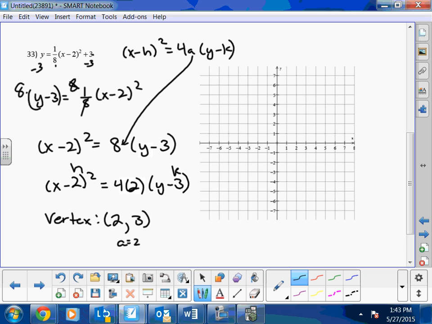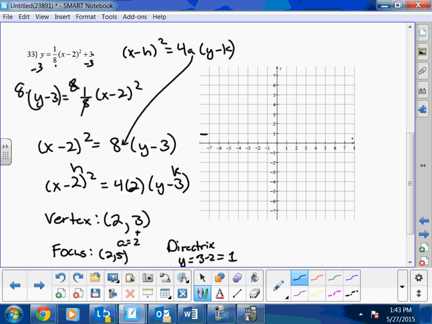And not only that, but a is equal to 2. My focus with this one, since it opens up, is going to affect the y. So in this case we're going to have (2, 5), because all I'm doing is adding there. My directrix is going to be the line y equals 3 minus 2, which equals 1.